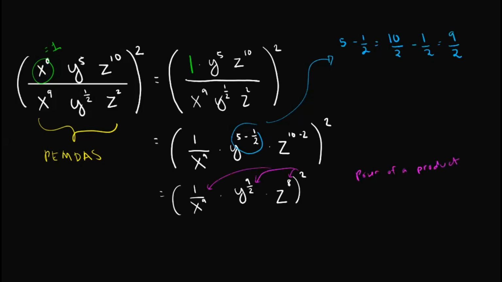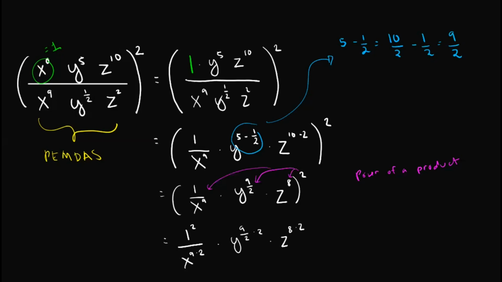And that would give us, first, note that when we distribute 2 in 1 over x raised to 9, that is also like applying the power of a quotient law. So this one would become 1 squared all over x raised to 9 times 2, times y raised to 9 over 2 times 2, times z raised to 8 times 2.